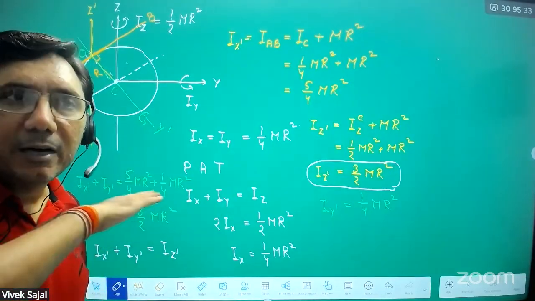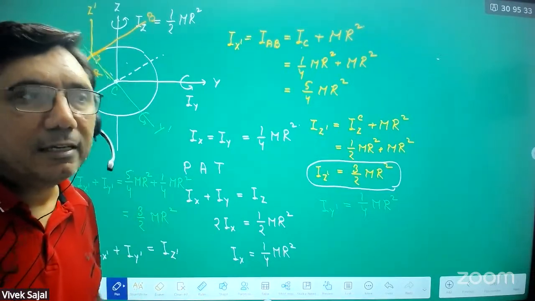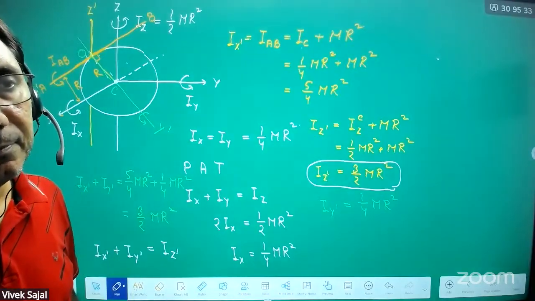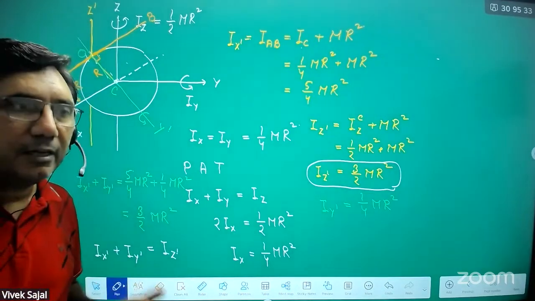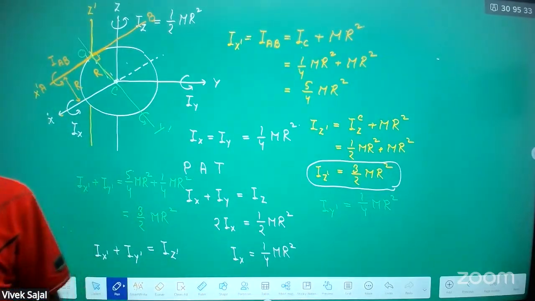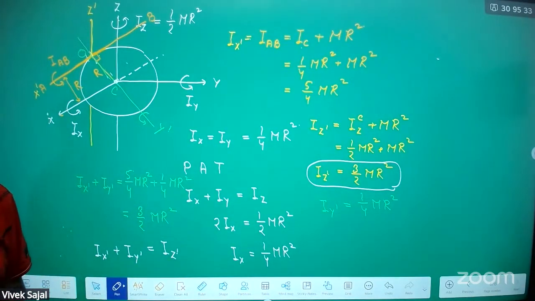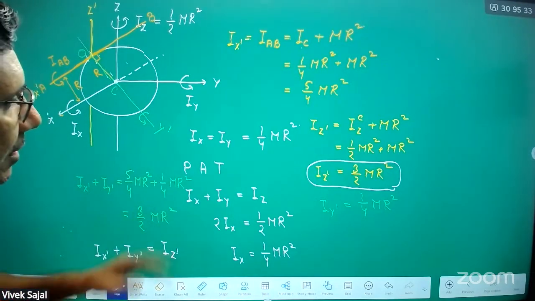Two of them are in the plane, one is perpendicular to the plane of the body, and they are intersecting at a point on the surface of this. So it's not necessary that the intersecting point is the center of mass. It can be anywhere in the plane of the body. For a two dimensional body, it can be anywhere in its plane. So you can apply this. This will be applicable.